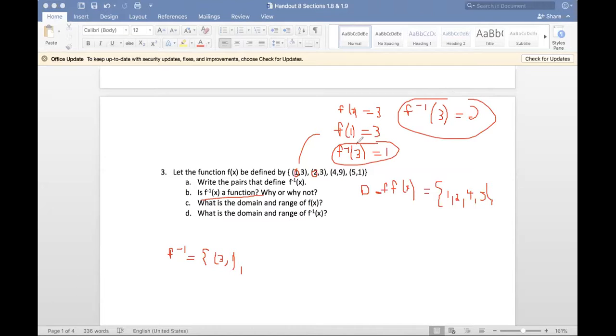That's precisely because if I say undo 3, you say, well, what do you mean undo it? It could be 2, it could be 1. Which one do you want? By undo, I mean, however you get to 3, go backwards. So this is what f does: 2 goes to 3.